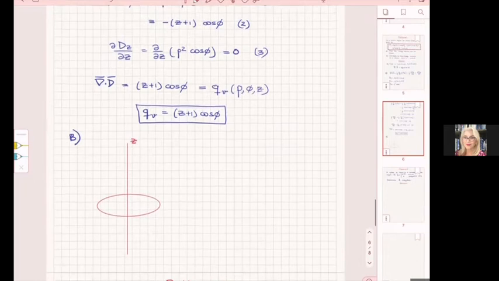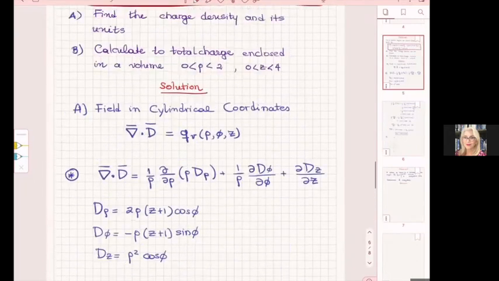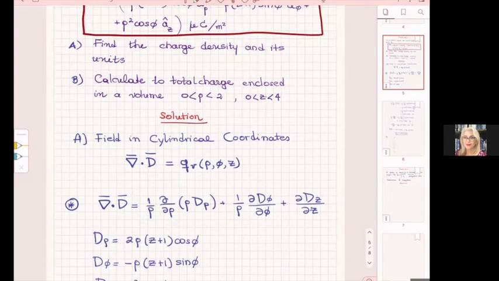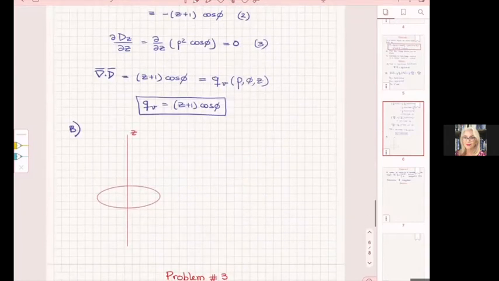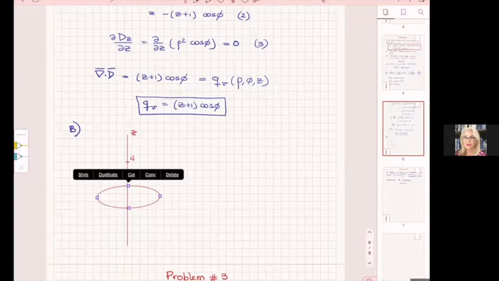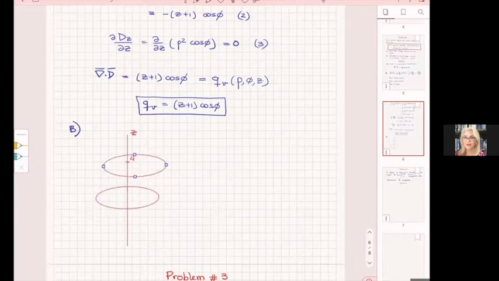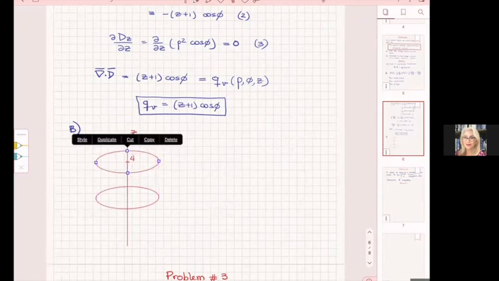All right, so now they tell us to define a volume where rho is between 0 and 2 and Z is between 0 and 4. So if this is 4 for Z, we duplicate this, and we said that rho is between 0 and 2.